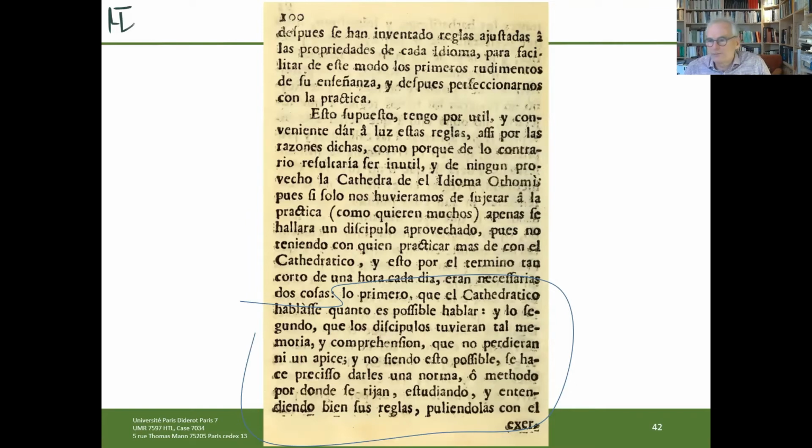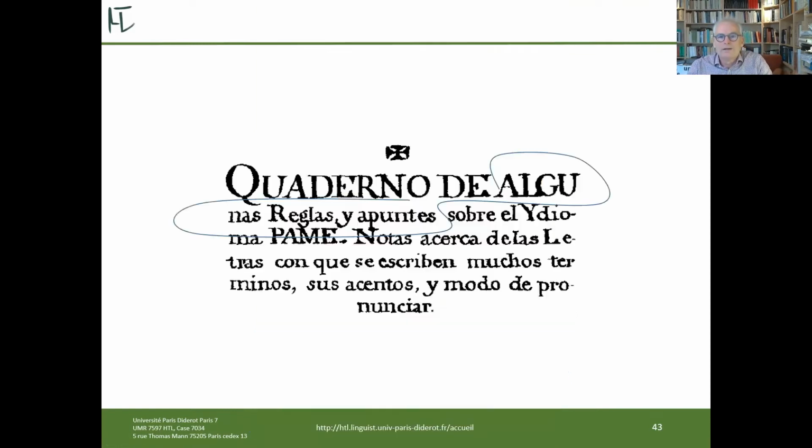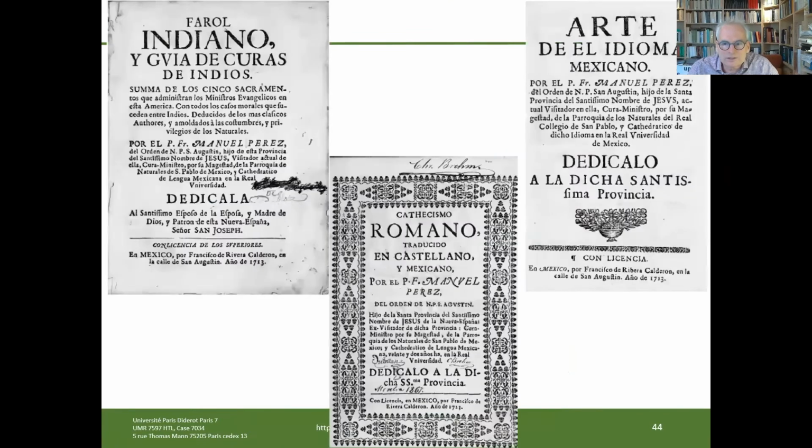So here you have a different approach. If you compare this picture of an ideal teacher or a professor, a catedrático, teaching at a university in Mexico, there is a different one. I'm sorry, this is Manuel Perez. He wrote 3 texts, Arte, grammar, and also 2 religious texts.